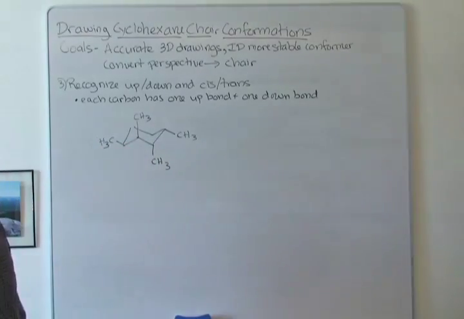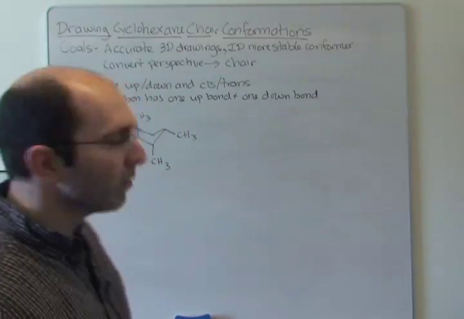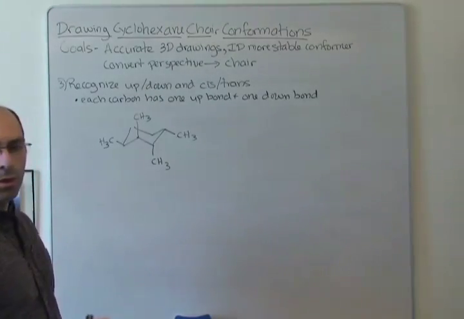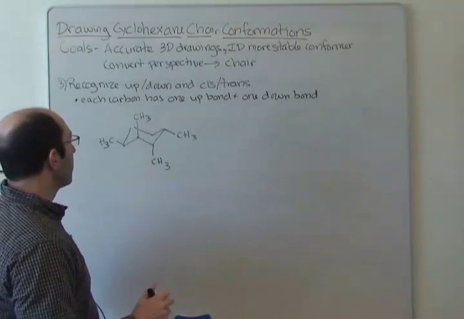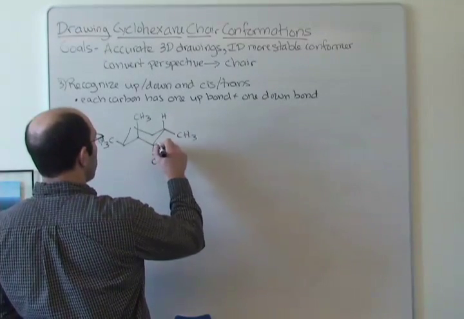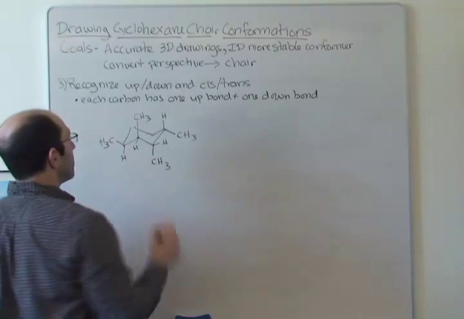What you should be able to do is go around this ring and see which of these methyls are pointing up and which are pointing down. It often is helpful at each position to draw in the H's, because that will highlight, for some of them, what's up and what's down.